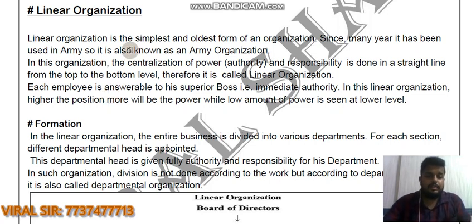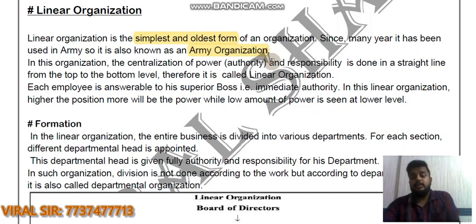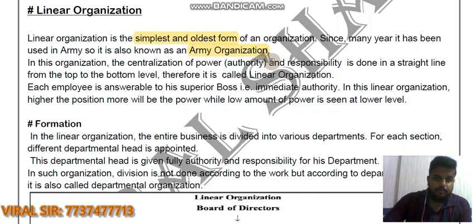Linear organization is the simplest and oldest form of an organization structure. Since many years it has been used in the army, so it is also known as army organization.